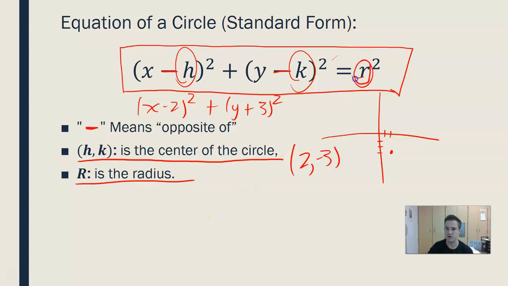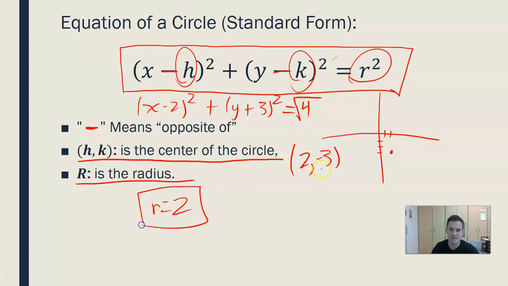This r value is the radius of this circle here. And notice how it's squared. So if I gave you something like (x minus 2) squared plus (y plus 3) squared equals 4, then the radius would be 2. Because this number on the right side of the equal sign is r squared, so the radius is going to be the square root of that number.